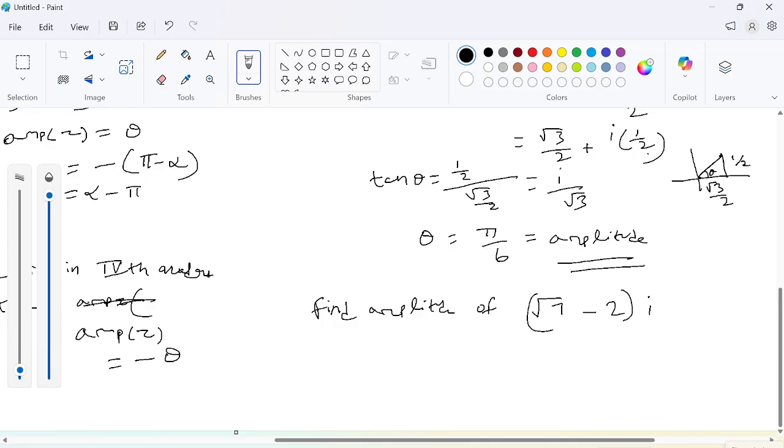Just see what is given. Amplitude of root 7 minus 2 into i.